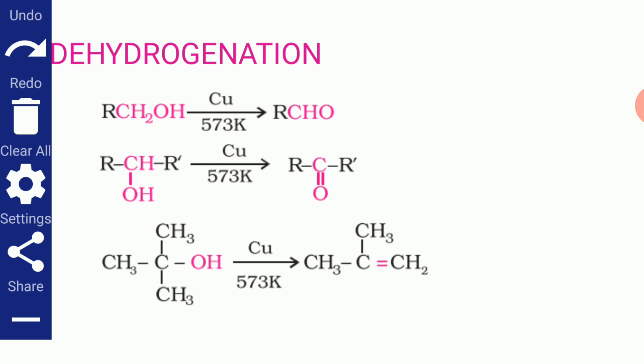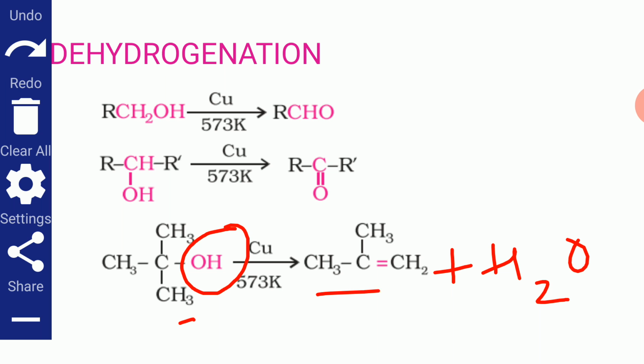I repeat, tertiary alcohols do not undergo oxidation or dehydrogenation because they do not have any hydrogen freely bonded to the carbon. So it will simply remove the hydroxyl group and one of its hydrogens from the carbon chain in the form of a water molecule, giving the alkene as a byproduct.